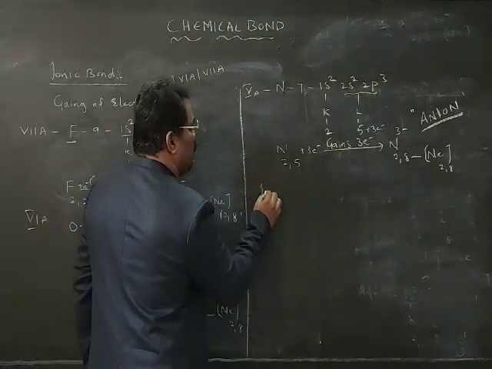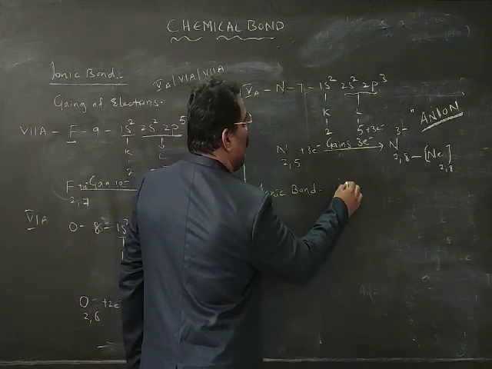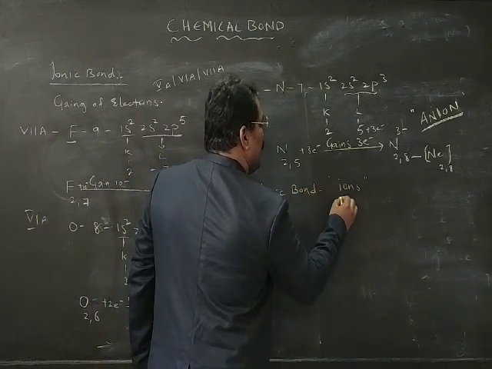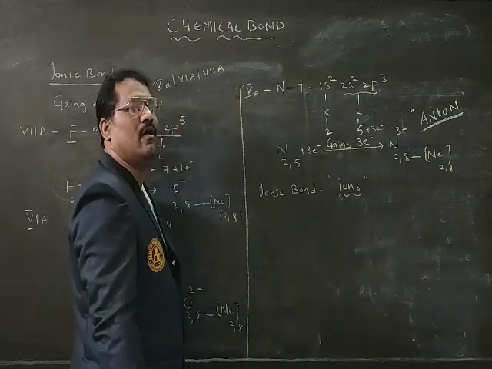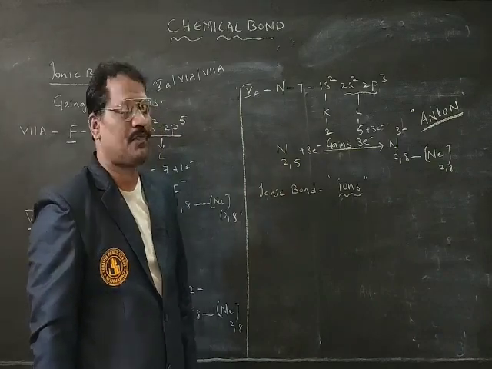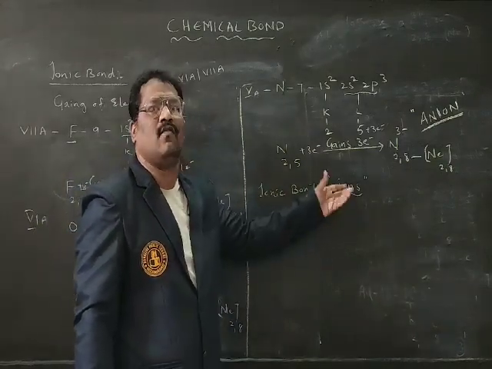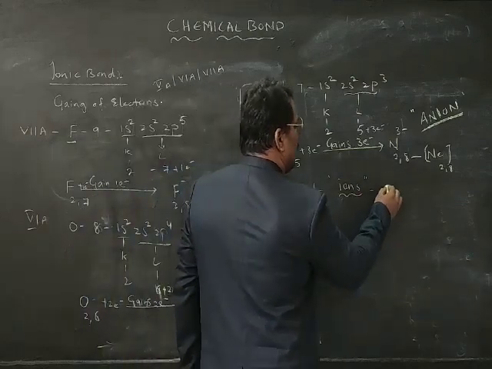Therefore, as it is dealing with ions, it is called an ionic bond. Why is it called an ionic bond? As it is dealing with ions. What ions? We have 2 types of ions.